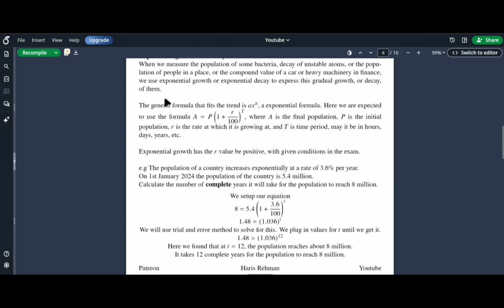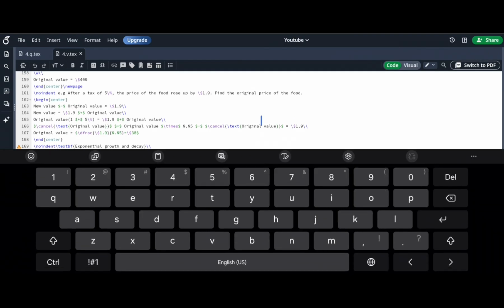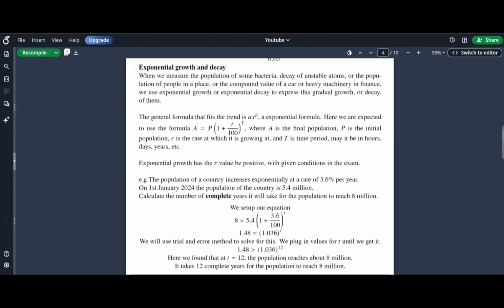The general formula that fits the trend is a x to the b, an exponential formula. Okay, you might want to remember this. This will be used in graphs of functions later.